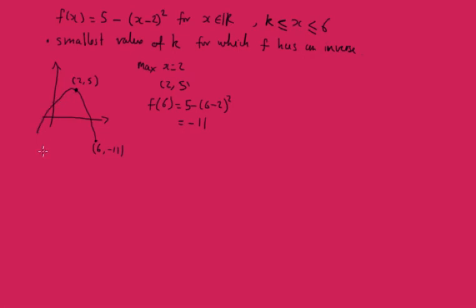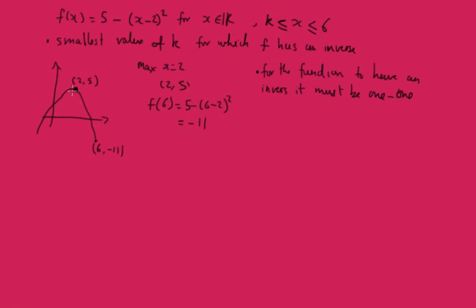Now, for the function to have an inverse, it must be 1-to-1. So let's look at the shape of this. For it to be 1-to-1, we can only consider this part of the function here.